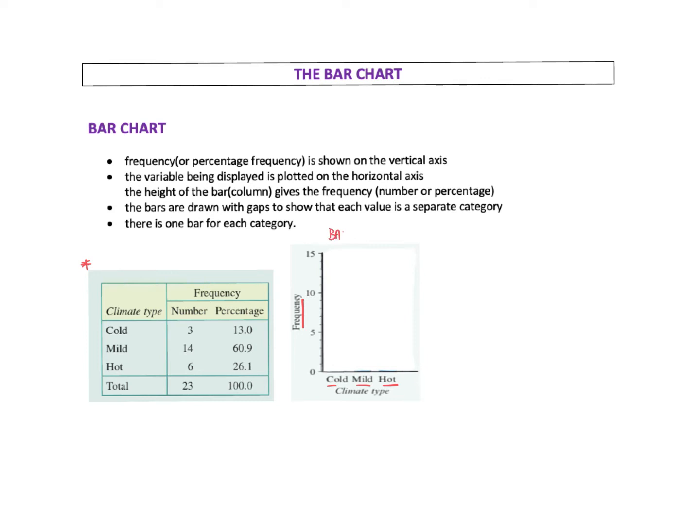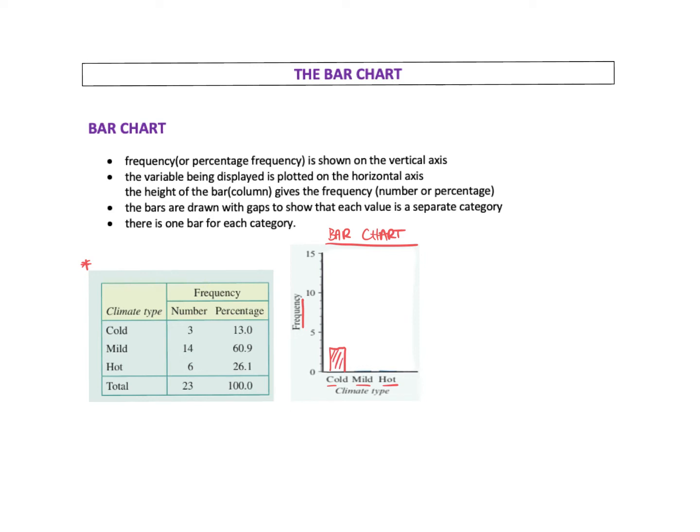The difference between a bar chart and a histogram is that a bar chart has gaps in between the bars. If we have a look at this one, cold has a frequency of 3, so you'd have a little bar that goes up to 3.